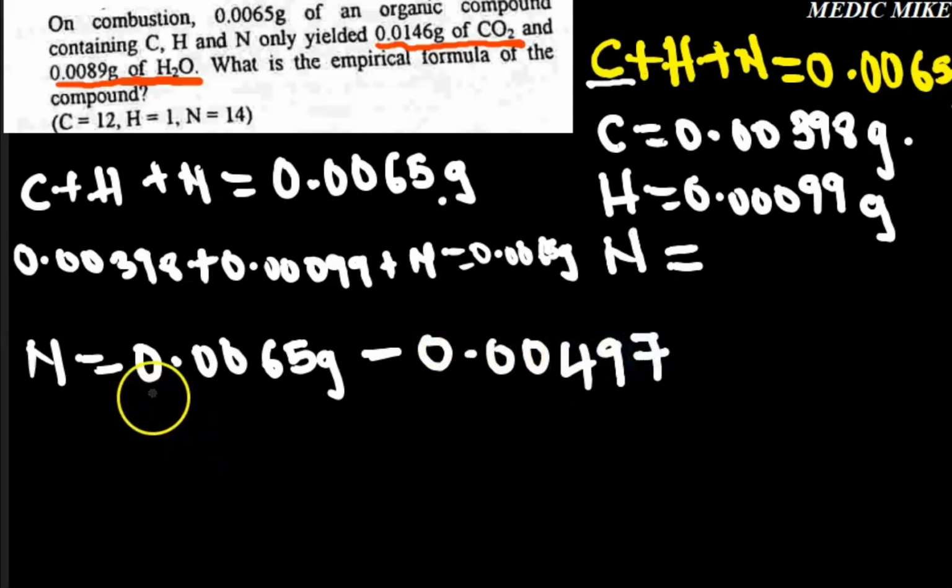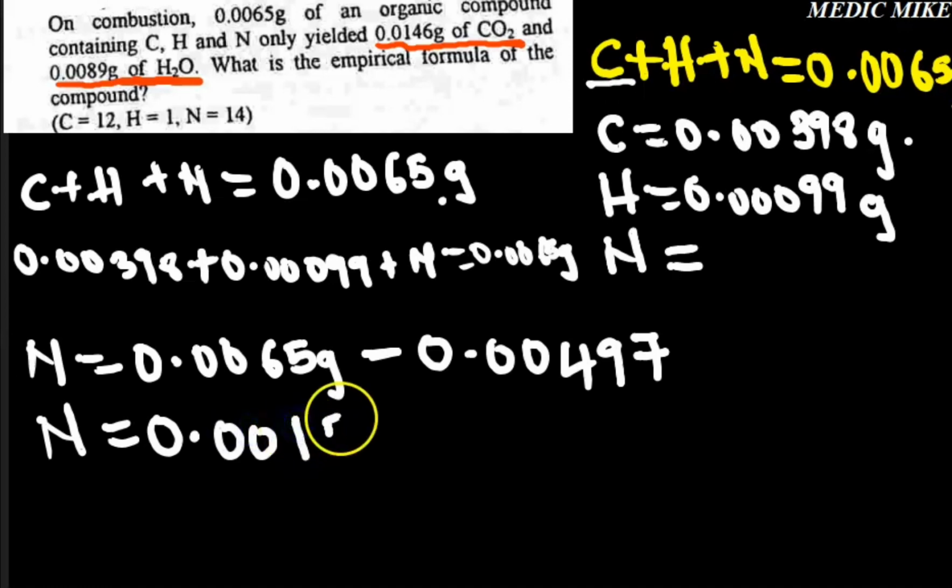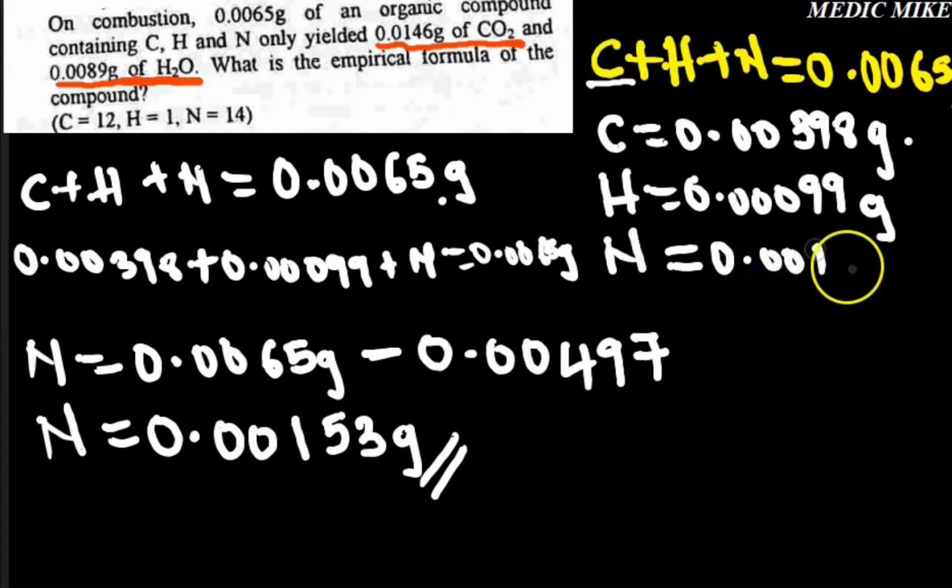So it will be this subtracted from this will give us our mass of nitrogen, and punching that again we'll get 0.00153 gram. So this is our answer, and you can come and write it here, 0.00153 gram.